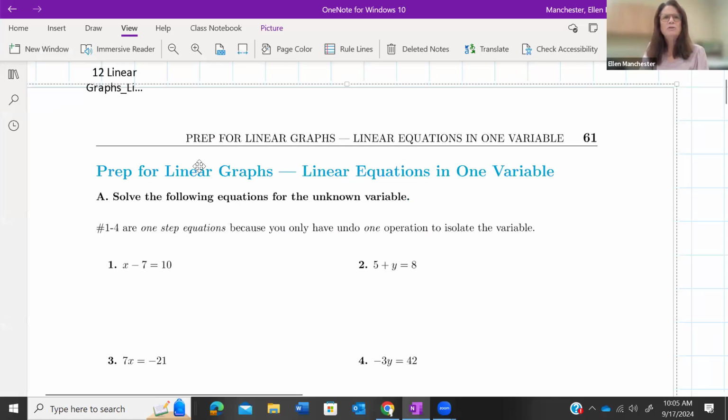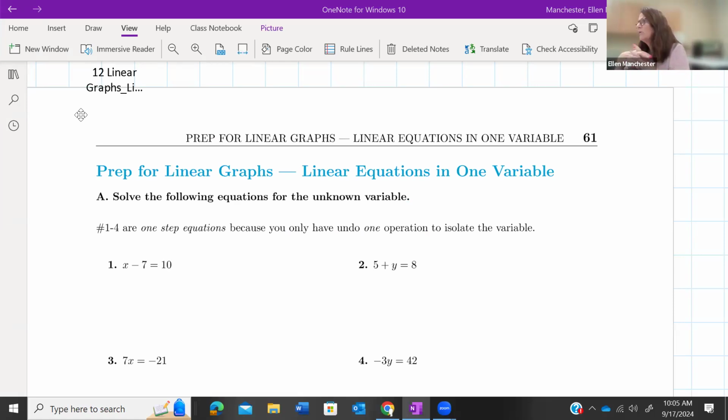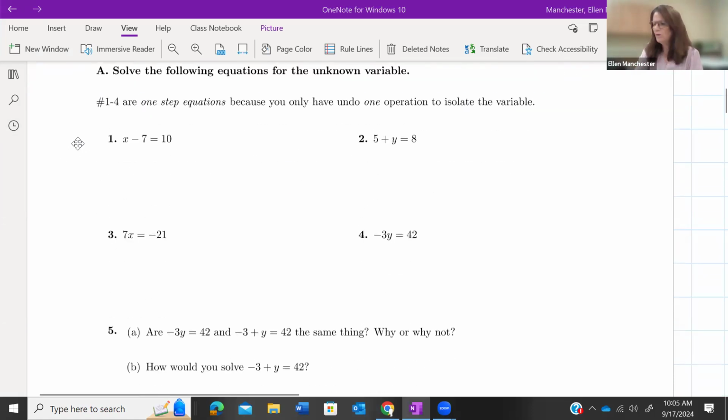Okay, so what we're gonna do, get stuff out of the way. Okay, so what we're gonna do is this is just kind of prep some more review of linear equations, being able to solve an equation with one variable. So these first four are called one step. We already went through one step. So go ahead.